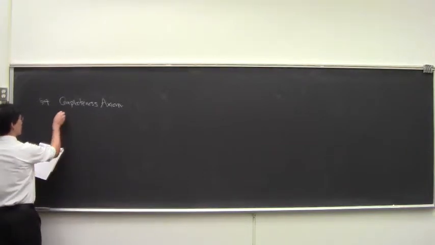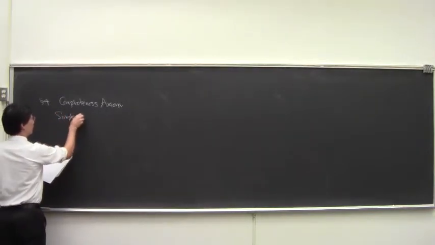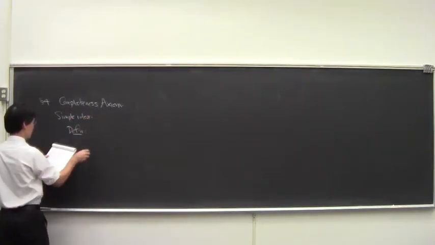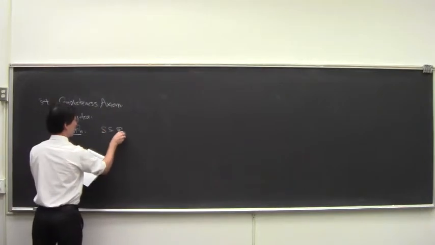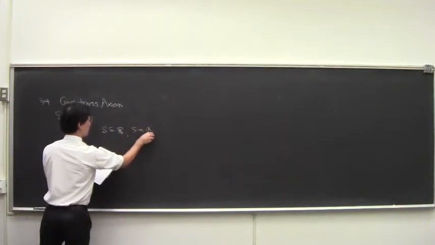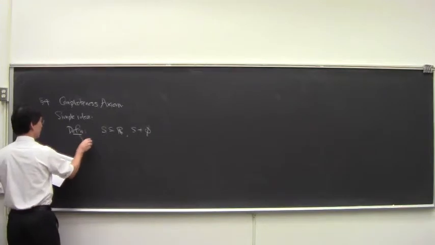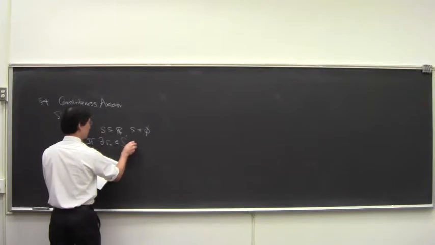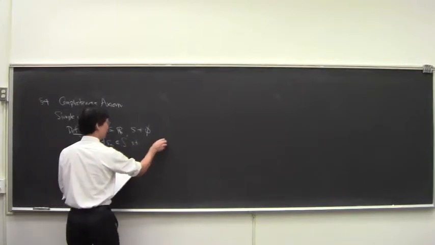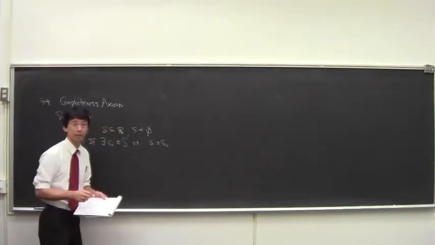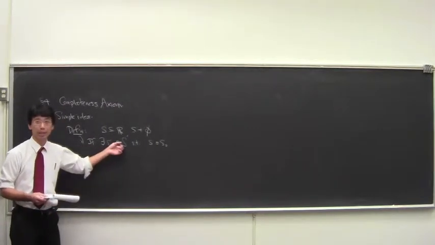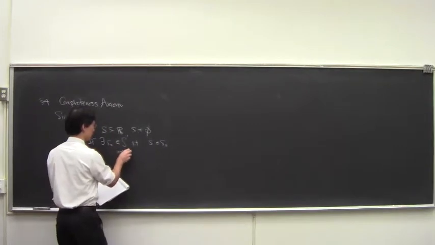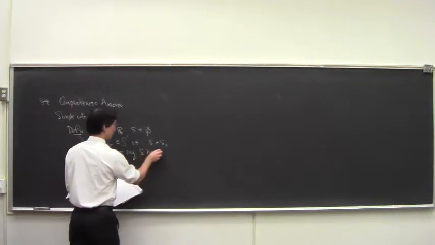So you start with a simple idea, and that is the notion of maxes and mins. If you have a subset S in R and S is non-empty, and there exists some s naught in S such that s naught is bigger than everybody else, we say S has a maximum.